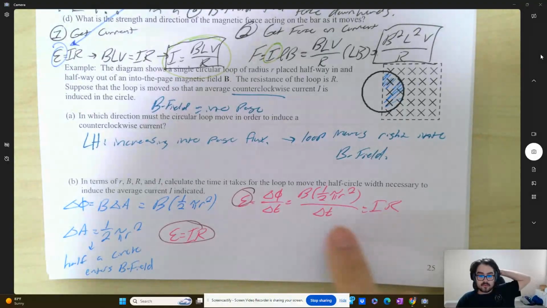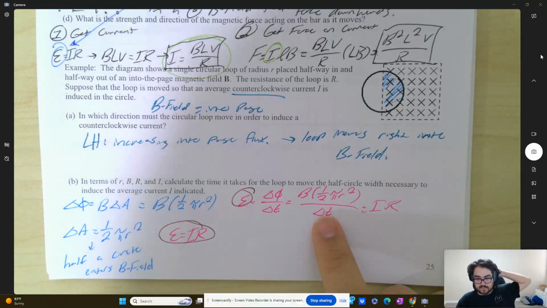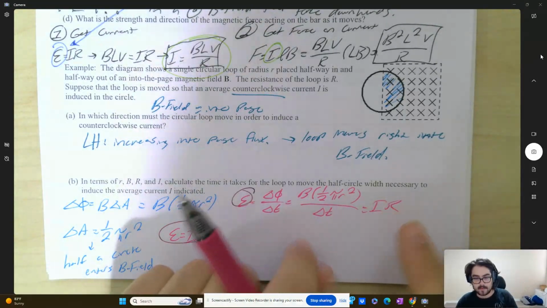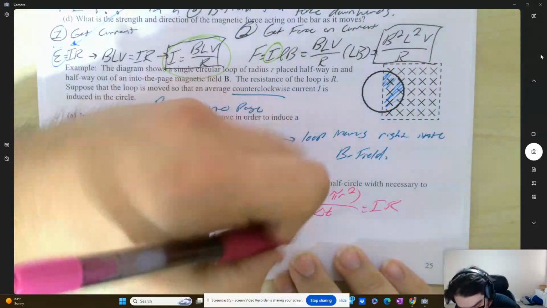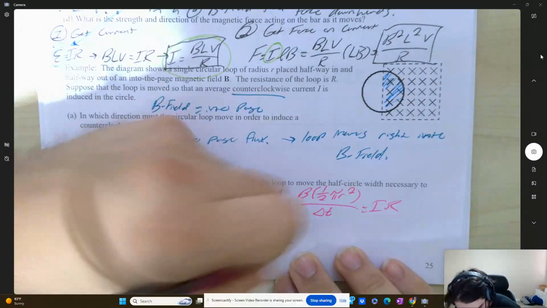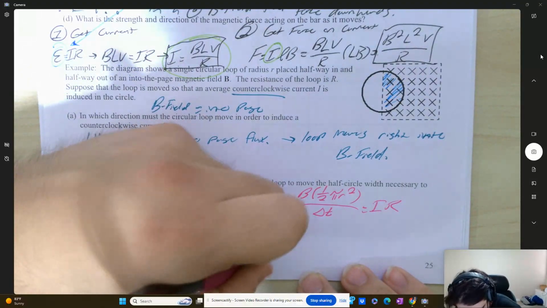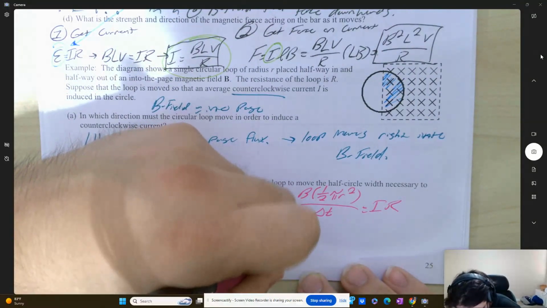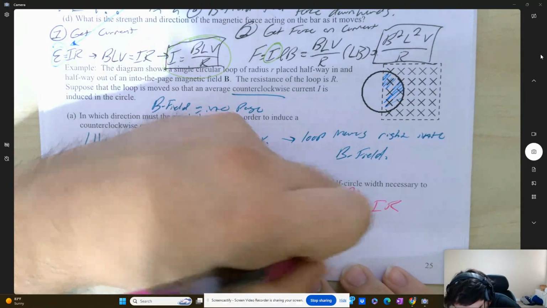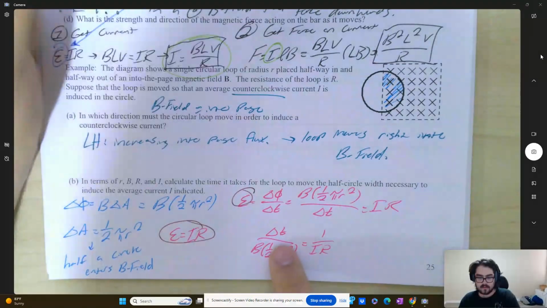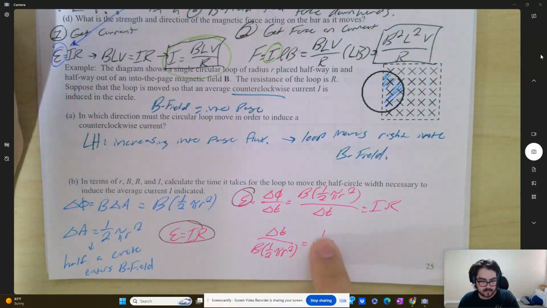Okay, now you just need to get delta t by itself. What I'm going to do first is flip the fraction on both sides. So this gives us delta t over b times 1/2 pi r squared equals 1 over IR. And then all I've got to do is multiply the whole denominator on the other side.